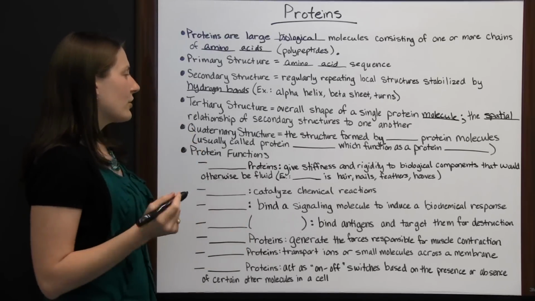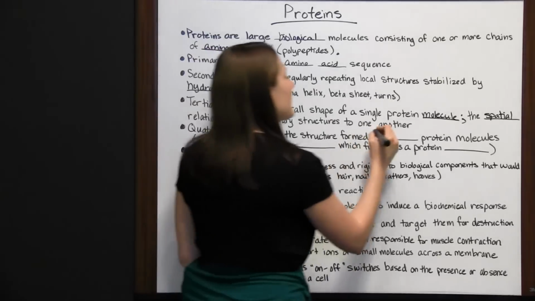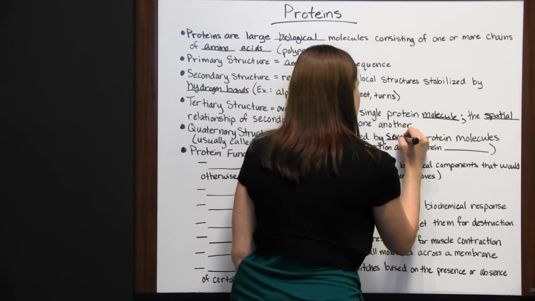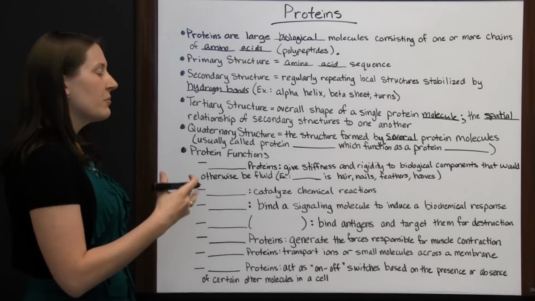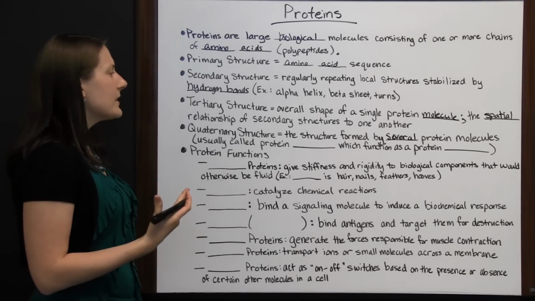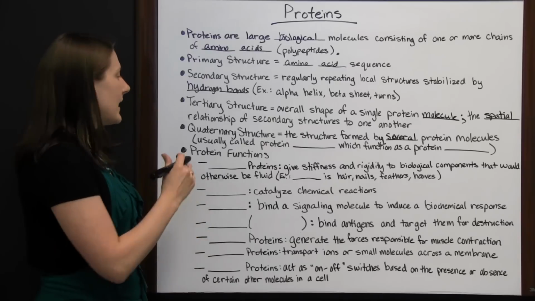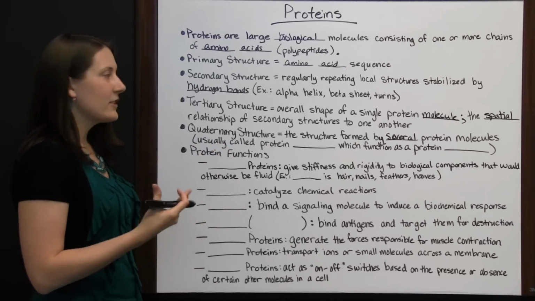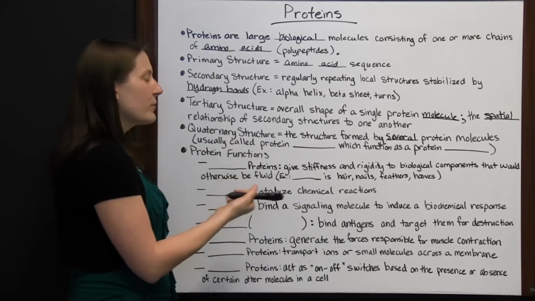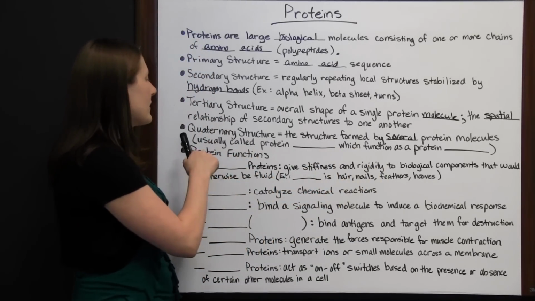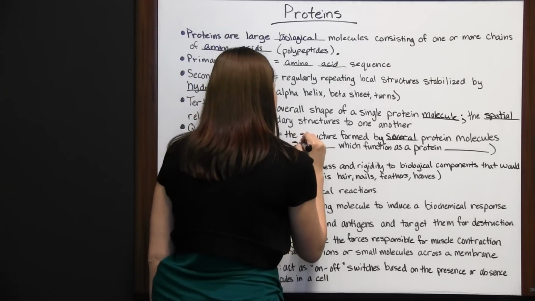The quaternary structure is going to be the structure formed by several protein molecules. So you can see how we just keep adding proteins here to get different structures. And the more that are added, the more different that these structures are going to look, because they're getting more complex. So several protein molecules are joined together in the quaternary structure, and this is usually called a protein subunit.